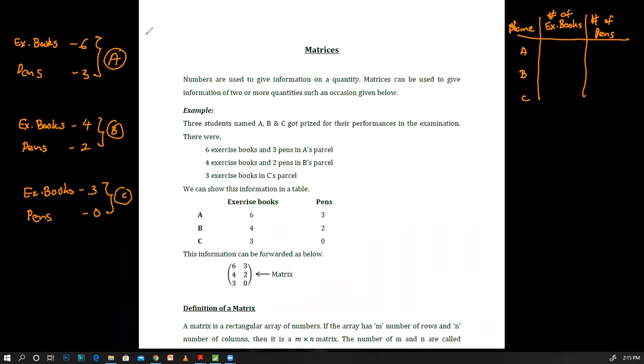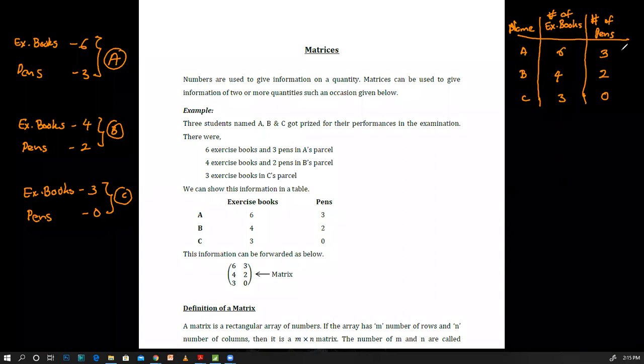Now, you have already identified that there were 6 exercise books and 3 pens in A's parcel, and for the prize got by student B, there were 4 books and 2 pens. For C, there were 3 books and 0 pens. This is what we are generally doing. If you have data, then you try to show it using a table form.